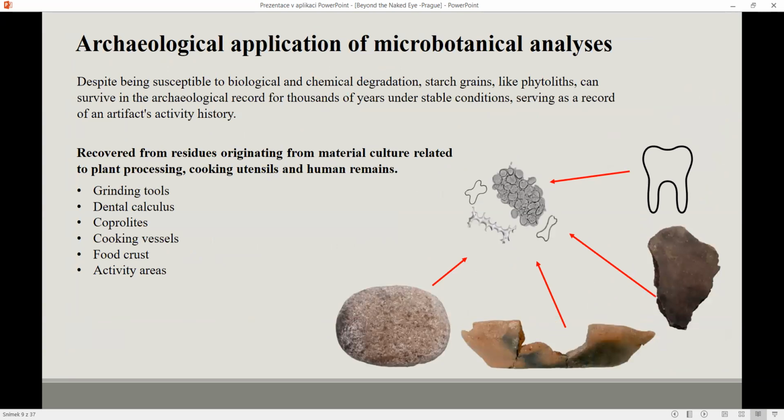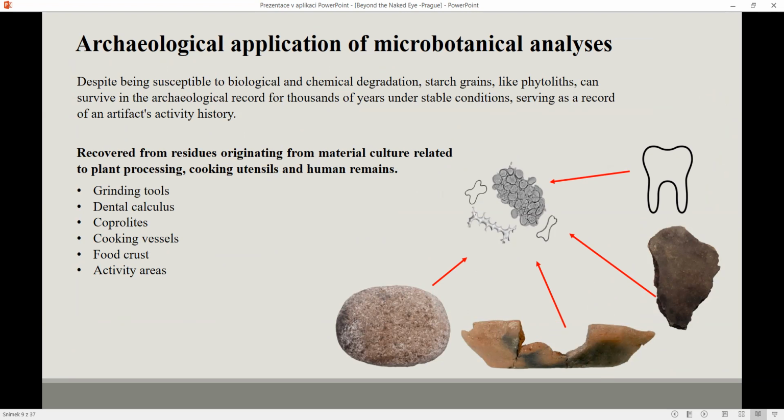Regarding the archaeological application of microbotanical analysis, despite being susceptible to biological and chemical degradation, starch grains, like phytoliths, can survive in archaeological sediment for thousands of years, and they can provide us insight or a record of the artifact life history or the last use of the artifacts.